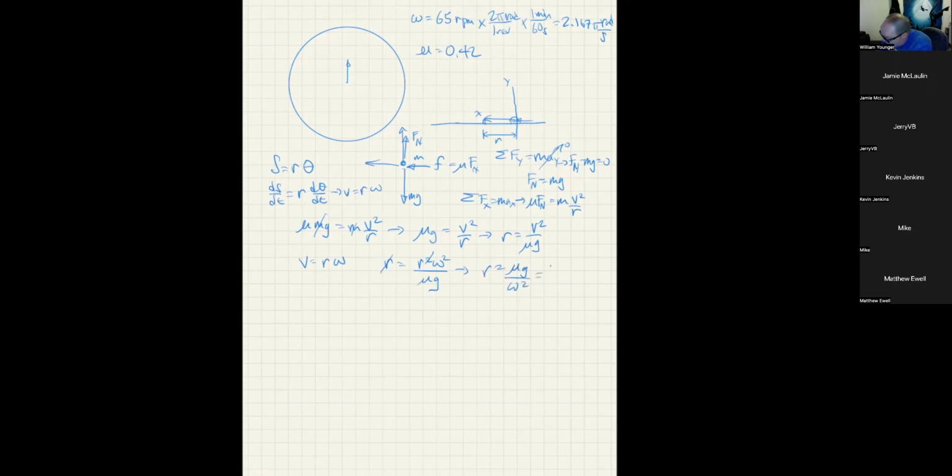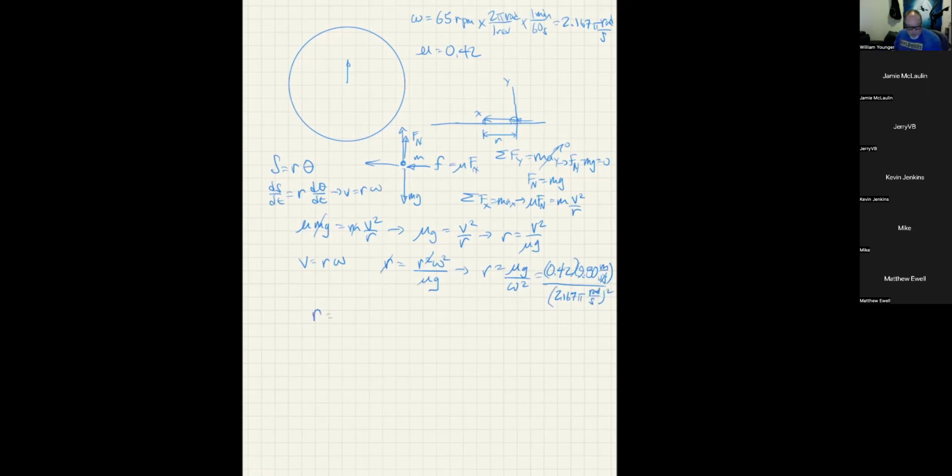So this is going to be 0.42 times 9.80 meters per second squared over 2.167 pi, and that's radians per second, and that's going to be squared.